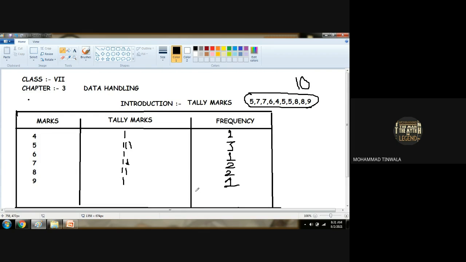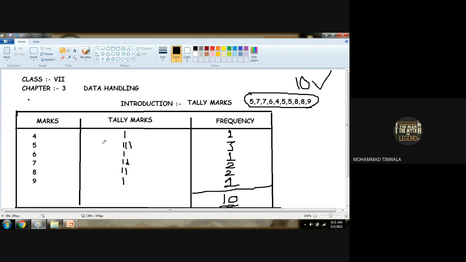So the total of frequency will be 10. That's for sure. If you count 3 plus 1, 4, 4 plus 1, 5, 5 plus 2, 7, plus 2, 9, 9 plus 1, 10. You got your frequency total 10. That means your data is marked in tally correctly. That means our sum is over.